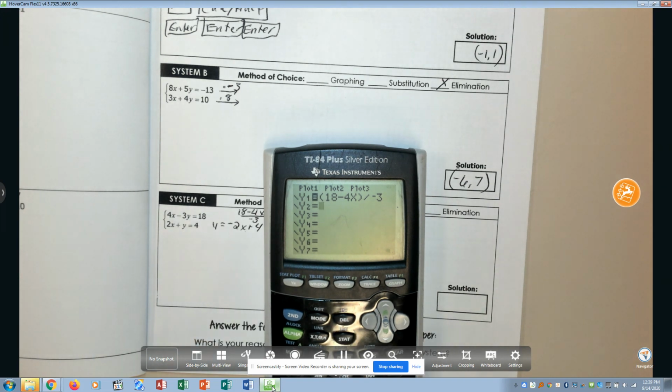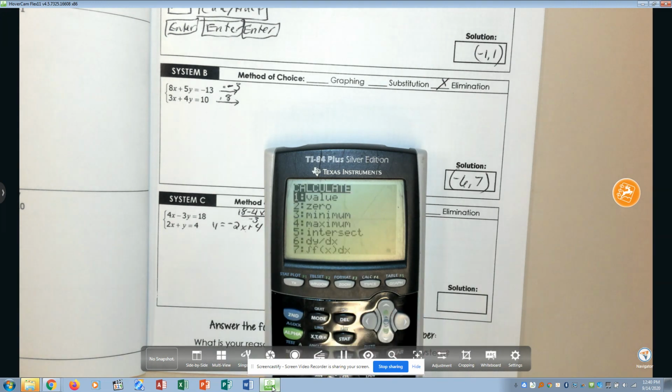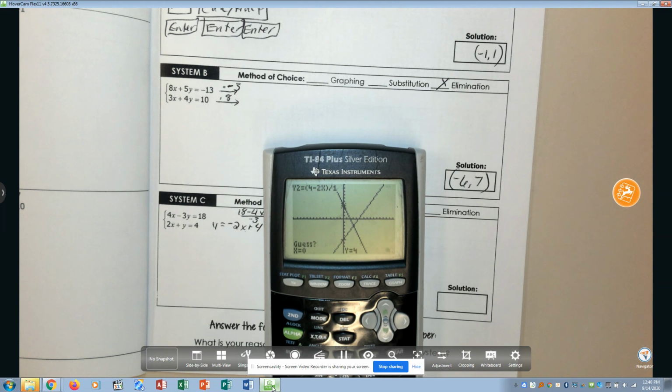And then divide by the coefficient of y. We have to be able to see the intersection point here in order for this to work. We do. So now you hit second calc, intersect, enter, enter, enter. So 3, -2.